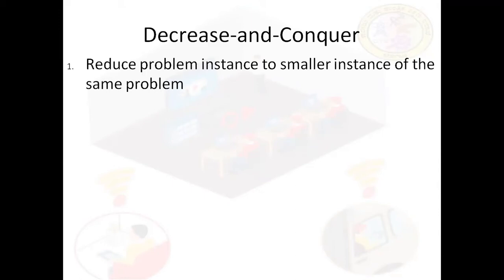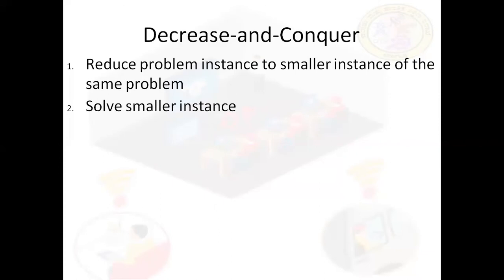So we can define decrease and conquer as: it reduces the problem instance to smaller instances of the same problem. As we have seen in divide and conquer, the same approach here, reduce the problem instance to smaller instance of the same problem.